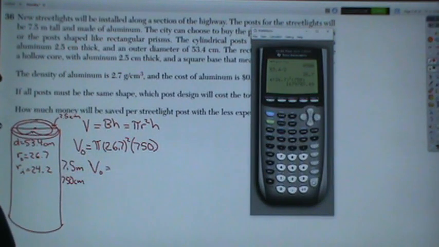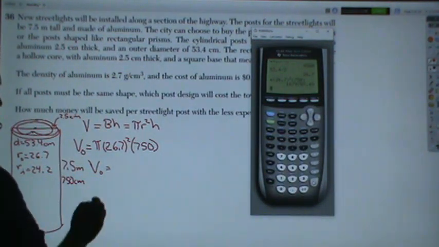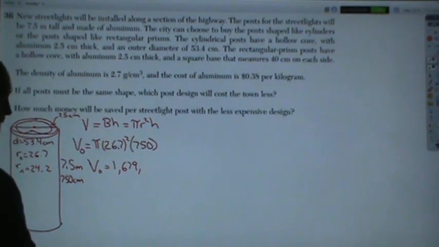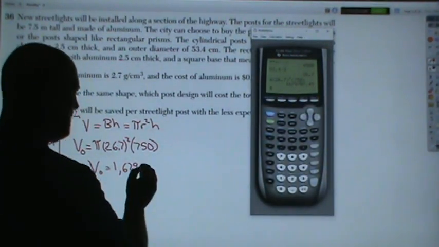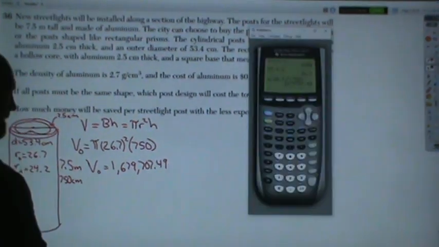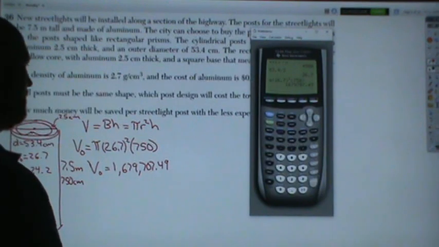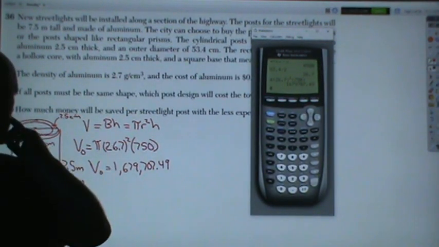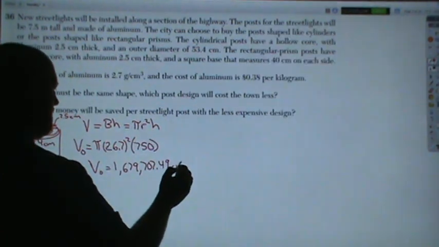And I'm going to get this gigantic number, 1,679,707.49. And that's my calculator rounding to the nearest hundredths place. And that would be measured in cubic centimeters.